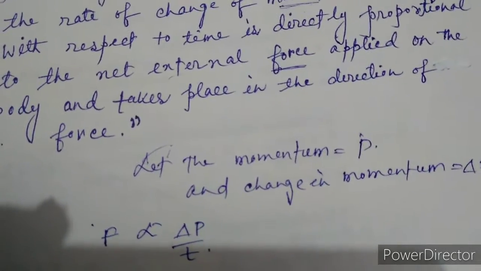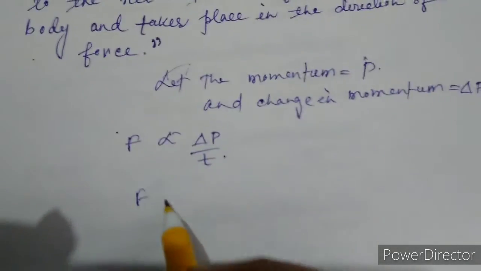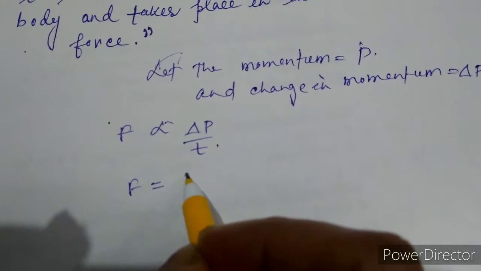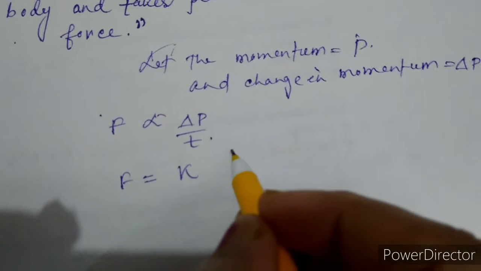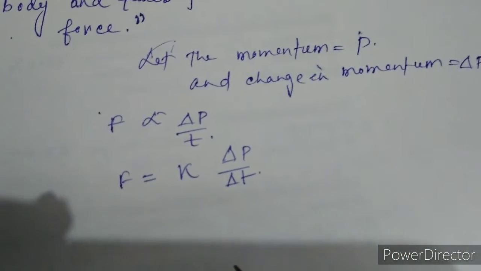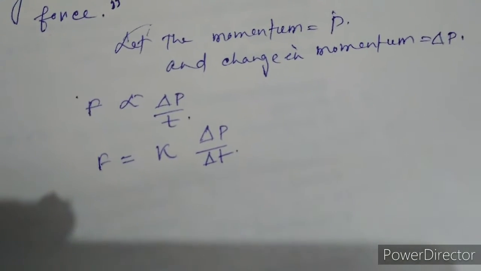Now you know that whenever we convert a proportional sign into an equal sign, we have to give one constant. This constant we usually denote as K, so F equals K delta P by delta t.